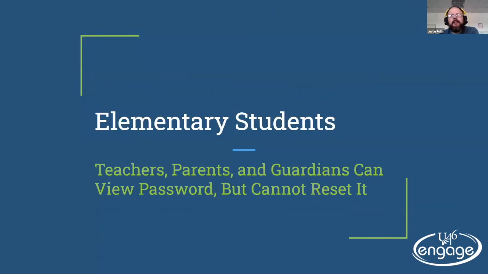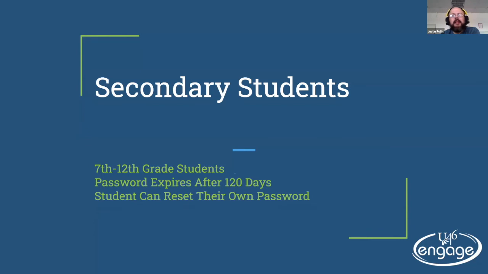Teachers, parents, guardians, they can all view their student's password, but they cannot reset it, but they can look it up. And we will talk about how to do that momentarily. Secondary students, which is of course 7th through 12th, their password expires after 120 days, and students can reset their own password.